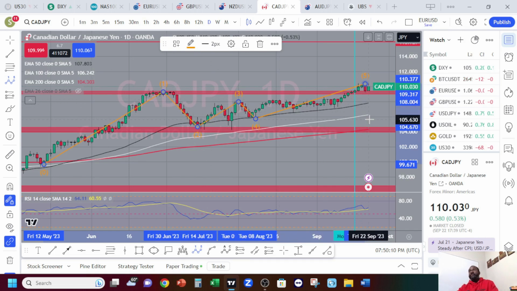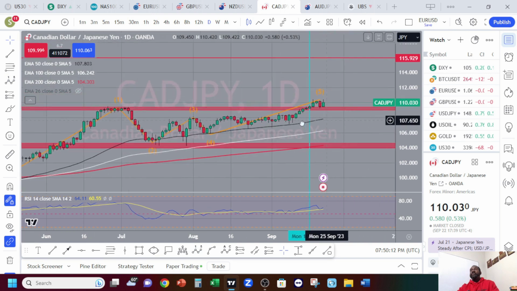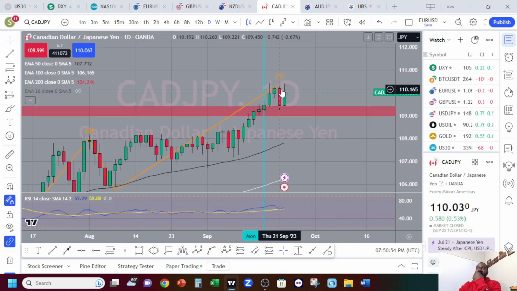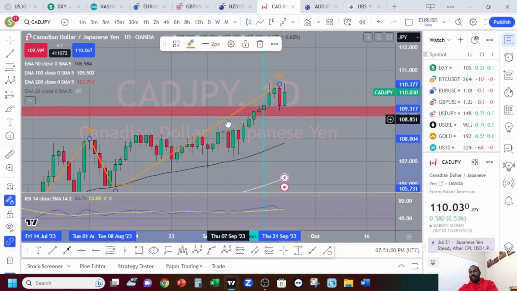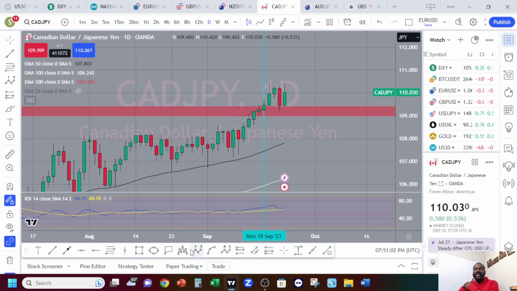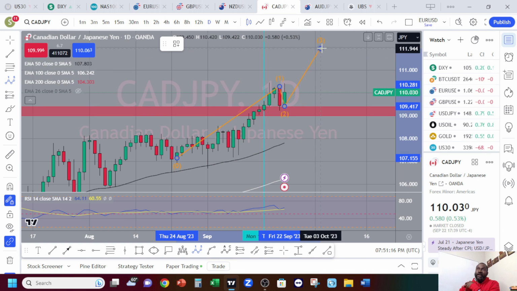Let's look at what happened last week. Here on Thursday, price went down to test it. That's what we were saying. Let's remove this so we can show you again. Most likely when price breaks this weekly resistance right here, it will come back to test it before continuing to go up.